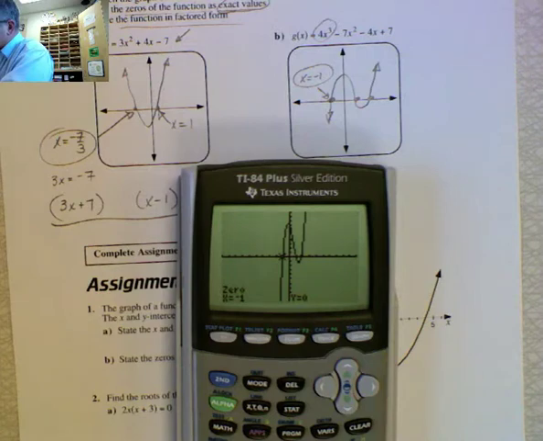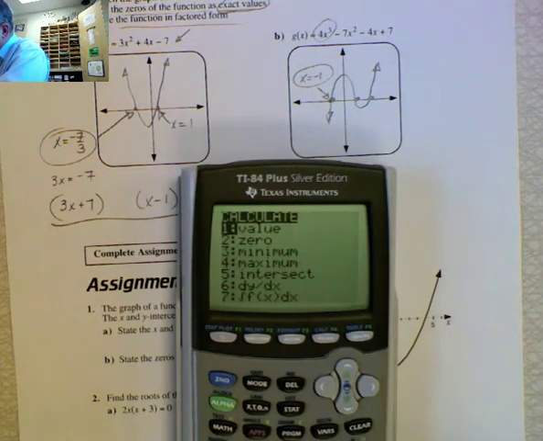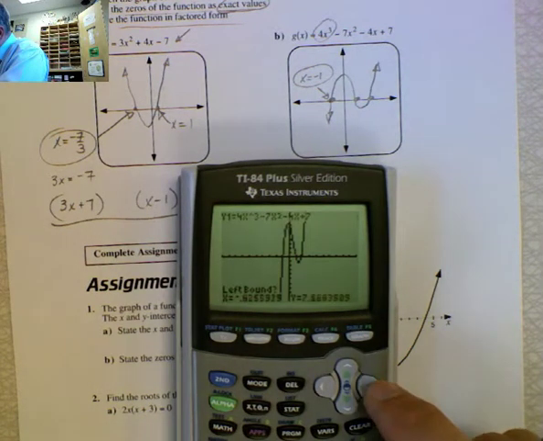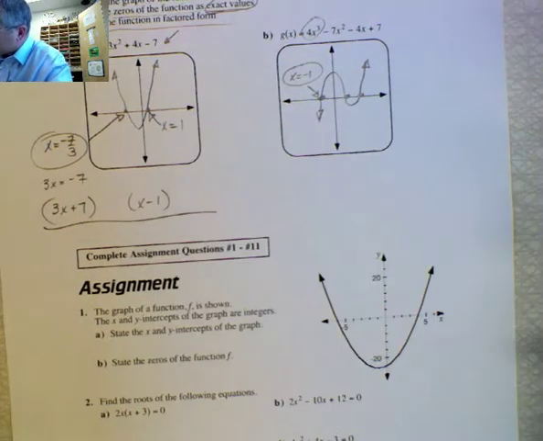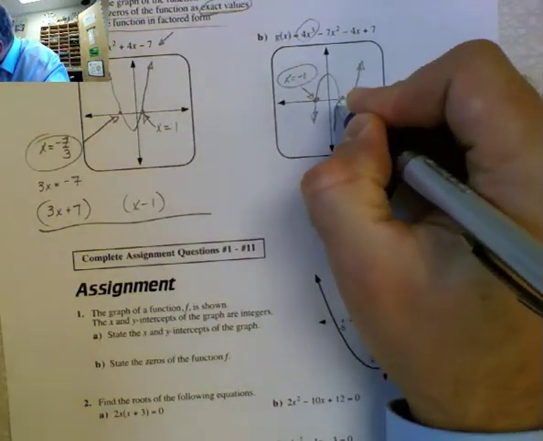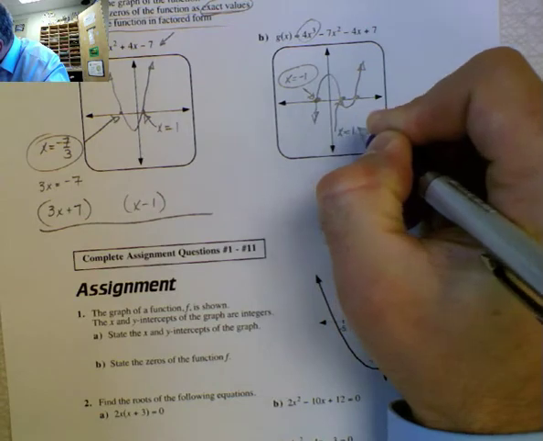Our second x-intercept is the one in the middle here. So our left bound is going to be above the x-intercept, and our right bound is going to be beneath it. And it tells us this second x-intercept in the middle here is at 1.